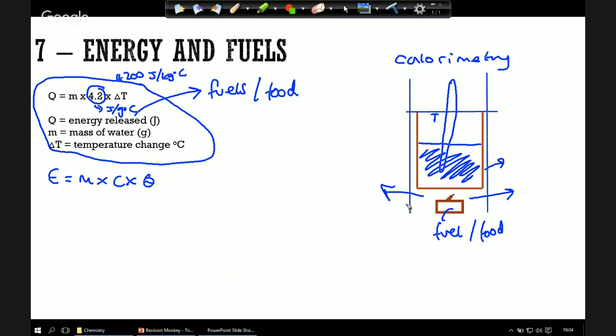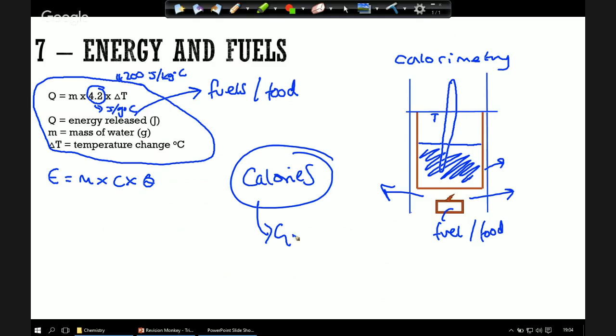You can use this to work out calories, for example, how many calories are in food. And in an exam, if they do talk about calories, they will give you the conversion to joules. So don't worry about learning what a calorie is. They will give you that conversion. But just bear in mind, you will need to know that this process is called calorimetry.